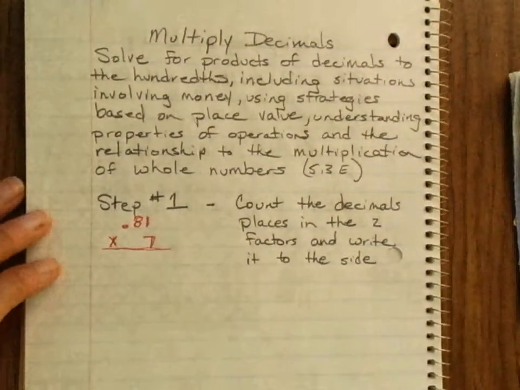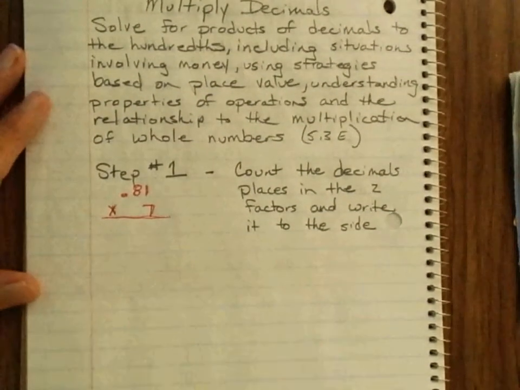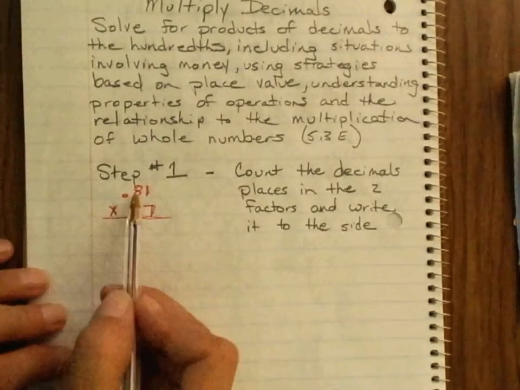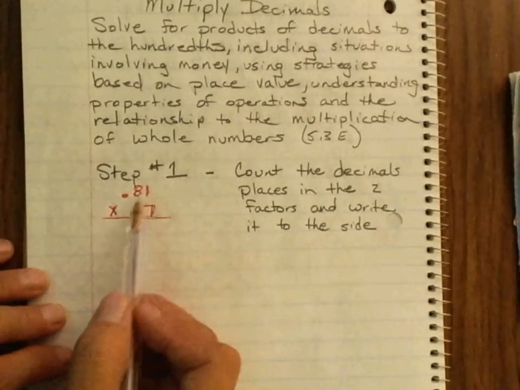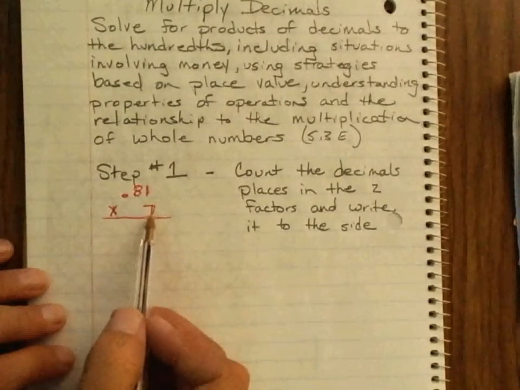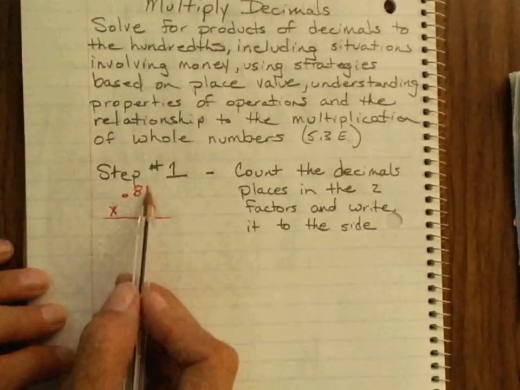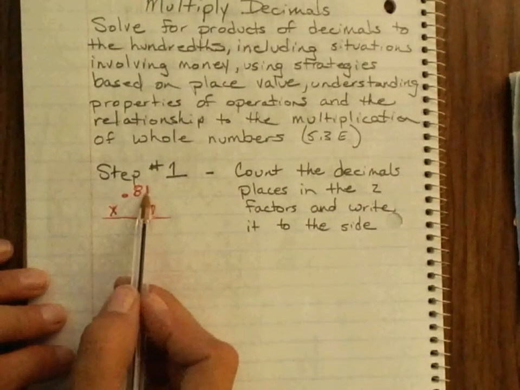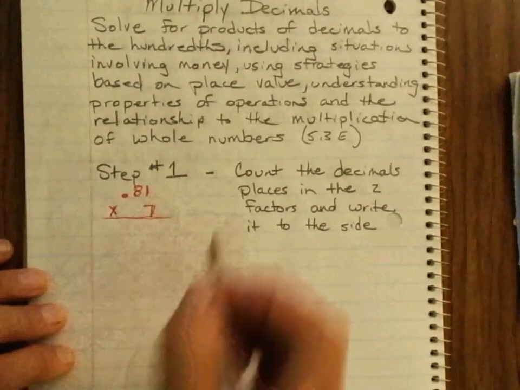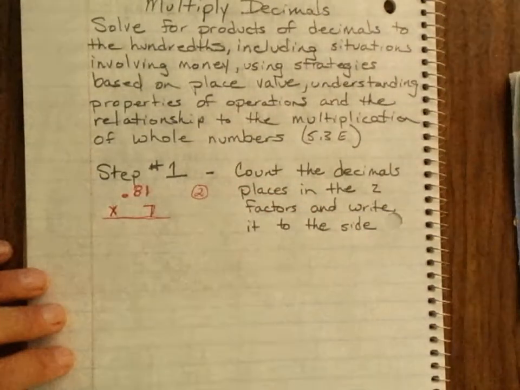What do I mean by count the decimal places in the two factors? Well, if we look at 81 hundredths, how many digits are behind the decimal here? 1, 2. Are there any digits behind a decimal place in the 7? No, there's no decimal there at all. So we have 2 digits behind the decimal point in our factor here. So I'm just going to write 2 right here, because I'm going to need that a little later on.